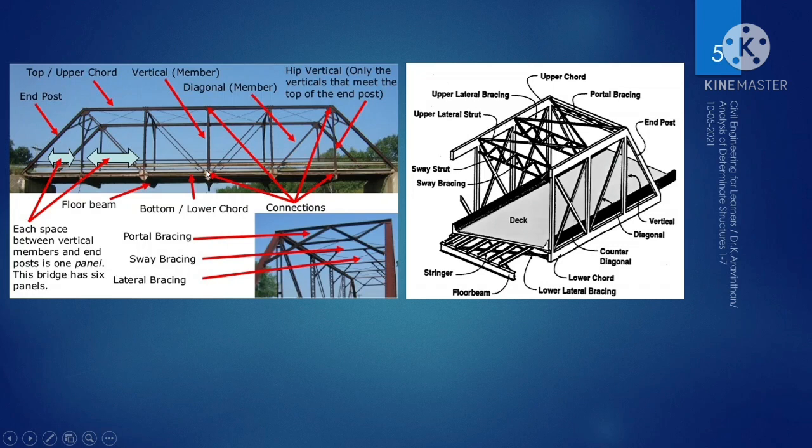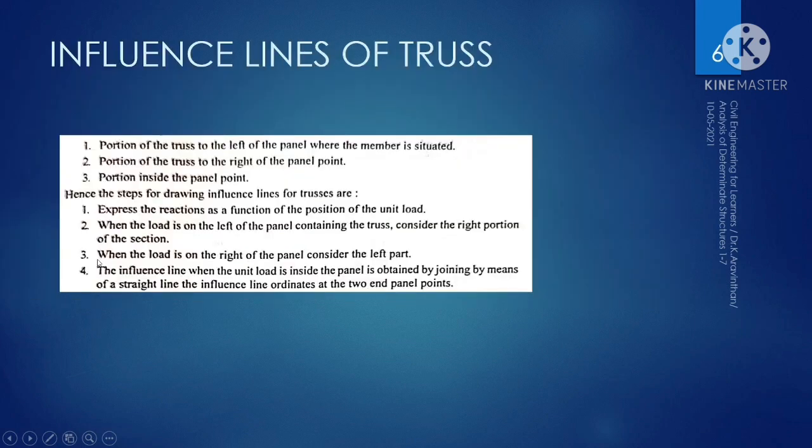If I am taking the point here, if you are placing the load at this, you can take the other side, that is the left hand side of the considered point. When the load is on the right hand side of the panel, consider the left part. So you have to consider the opposite part of where you are placing the load.